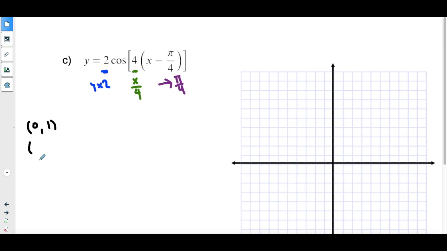These are points that are good to know when you're graphing transformations of cosine. So that should be a positive one.